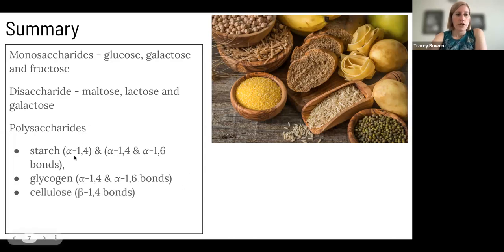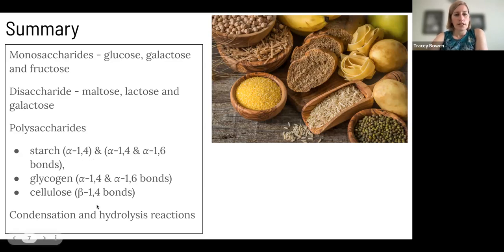Starch is found in plants, glycogen is found in animals. Cellulose is a structural compound formed by polysaccharides, which has beta-1,4 bonds and forms straight chains, whereas amylopectin and glycogen are branched, and amylose is straight chained but coiled.